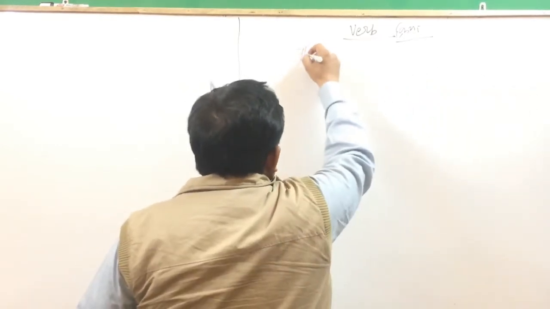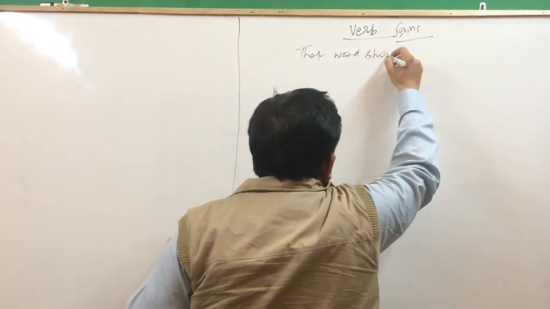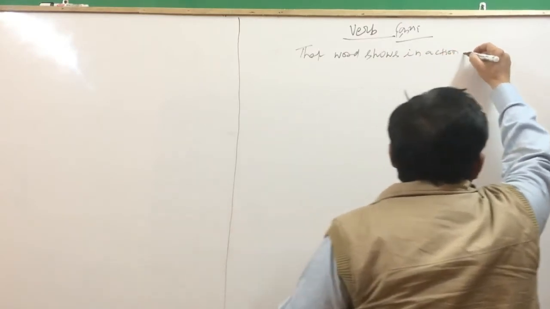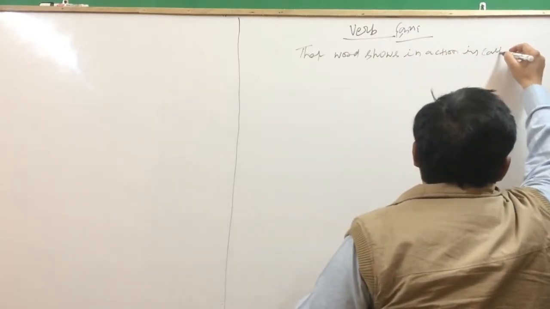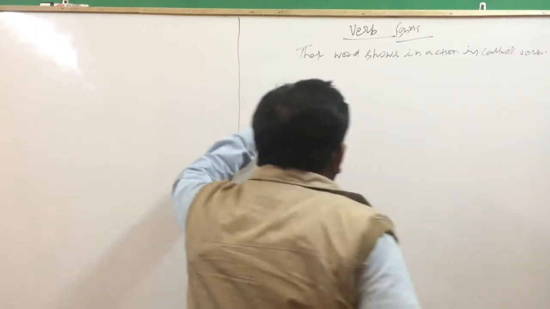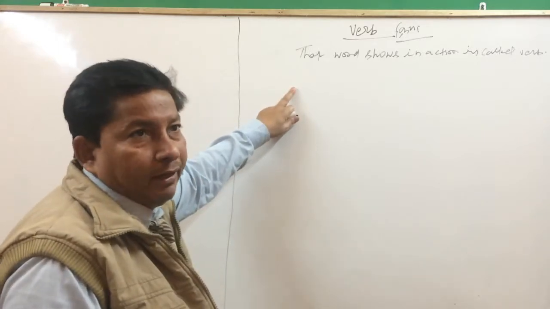See, that word shows an action is called verb. वैसा सब जो एक्शन में हो वो हमारा क्रिया कहलाता है.